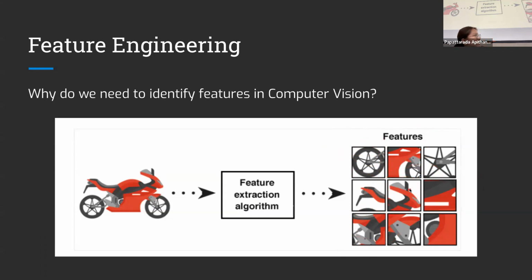You might identify these features and pass them to the computer, telling it, these are features you have to look out for in the motorcycle. And what the computer will do is create an algorithm for itself, a set of rules that it will use to extract these features from every single image it looks at from then on.